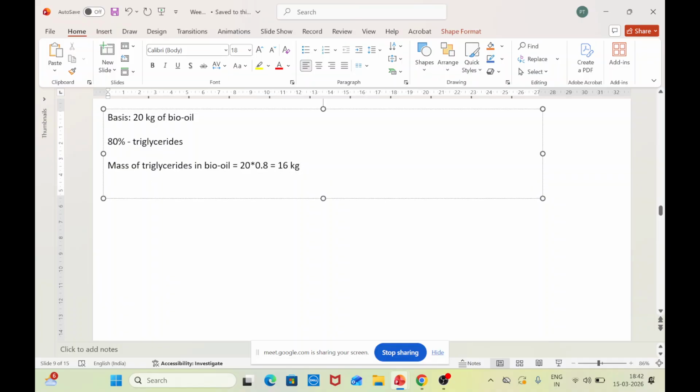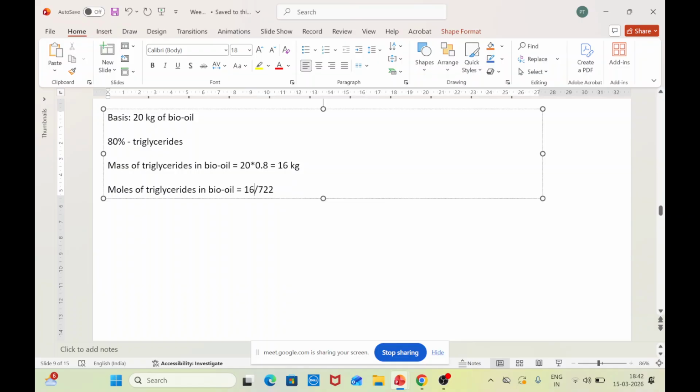Now we need to calculate the moles of triglyceride in bio oil. So we know it is 16 kg. The number of moles is given weight by molecular weight. Molecular weight we calculated as 722 grams per mole, and the mass of the triglyceride in bio oil is 16 kg.